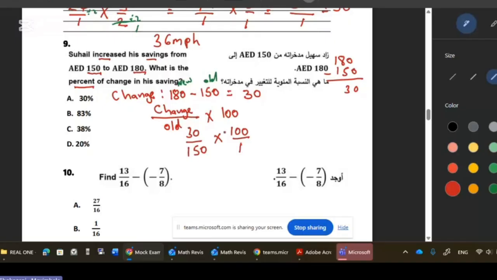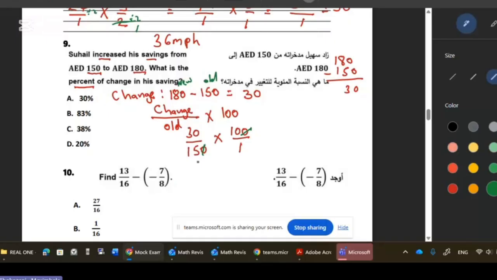Now, again, because there's a multiplication, it means I can try to see if I can simplify something here. I think I can. This 0 can cancel off with this 0 here. Are we following?